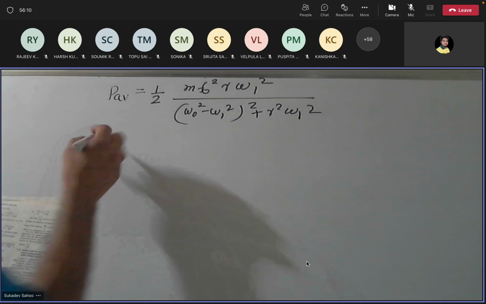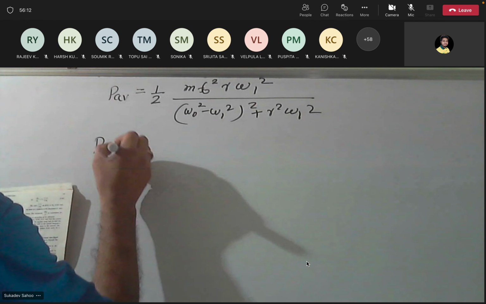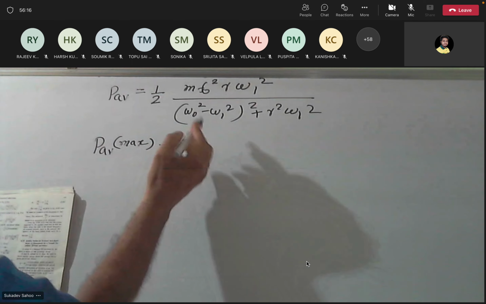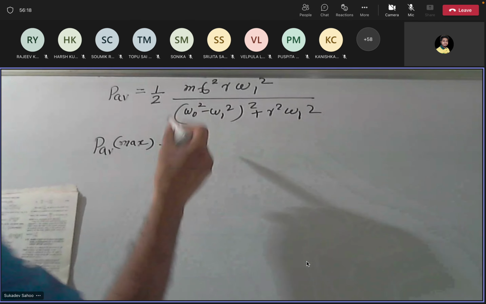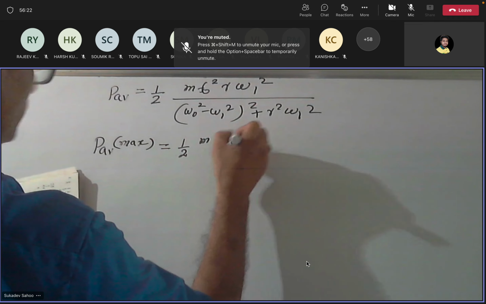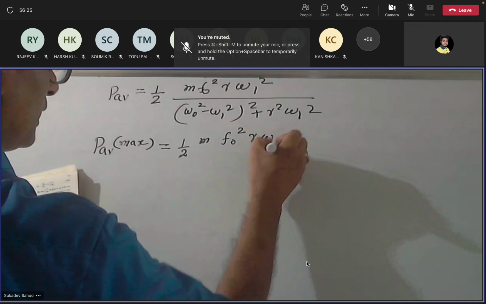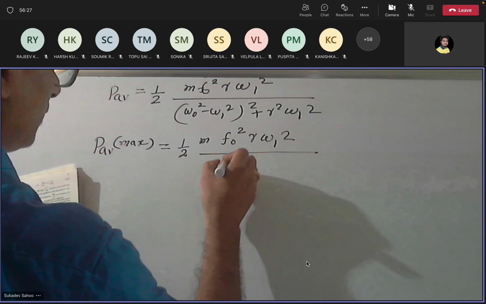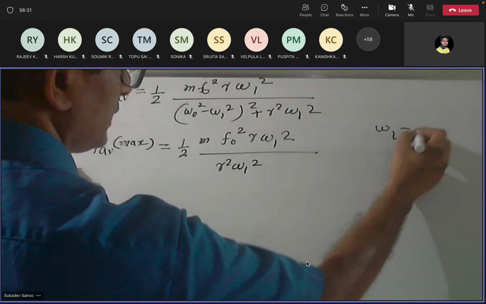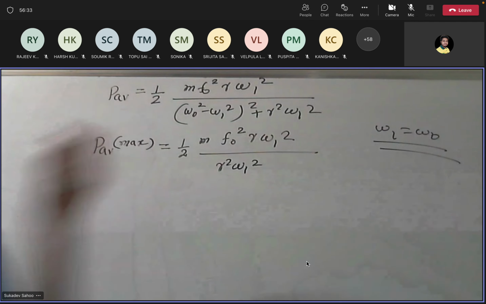Already we know. So what will be the maximum value? P average maximum value when omega 0 equals omega 1. So we will get half m F0 square gamma omega 1 square divided by gamma square omega 1 square. That means that when omega 1 equals omega 0, we will get maximum power.